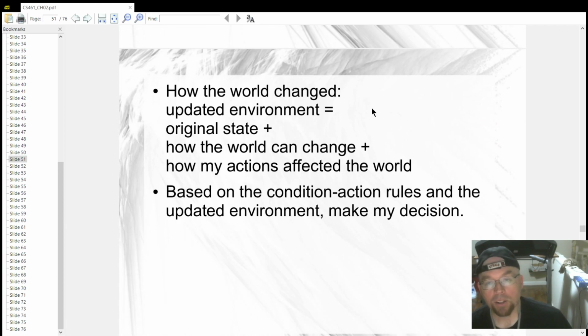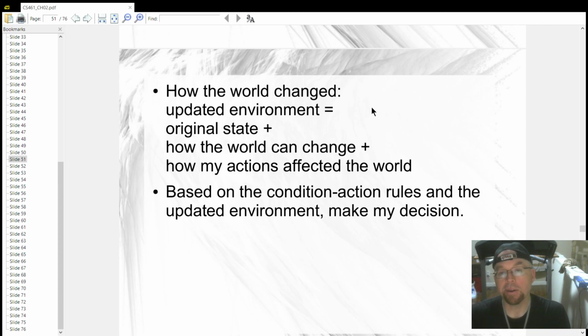All right, so a little bit of math here for you, a little bit of an equation. So what is an updated environment, or the agent's opinion of the updated environment, or how it thinks about what it means for an environment to be updated? Well, you have the original state of the world. The agent's knowledge about how the world can change. I remember we were talking about knowledge of the world's physics.